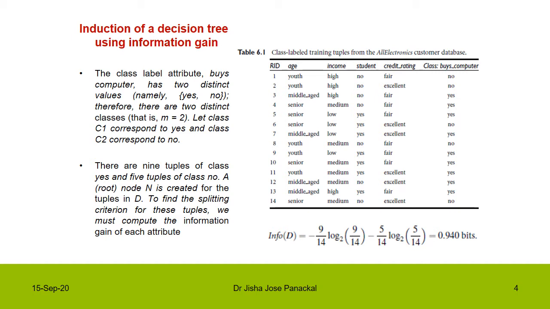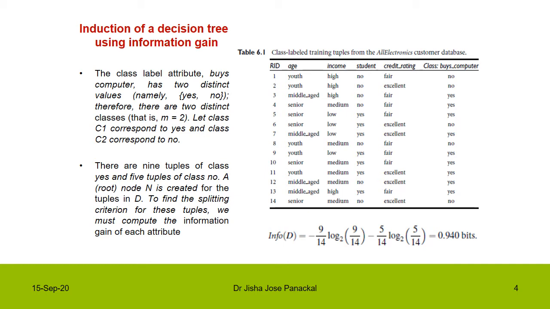And here is how we are calculating the Info(D) using the formula. Here we have a total of 14 training tuples, that is the total number. We have represented it here as 14 in the equation, and the 9 represents the total yes cases, and the total no cases we have to see separately.